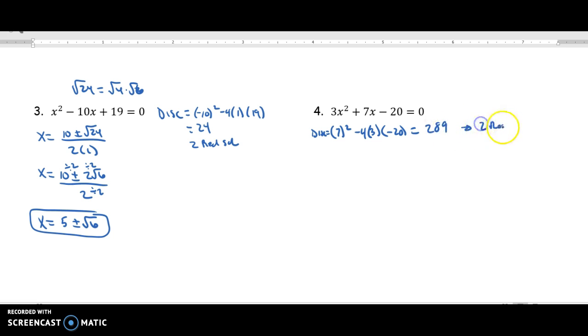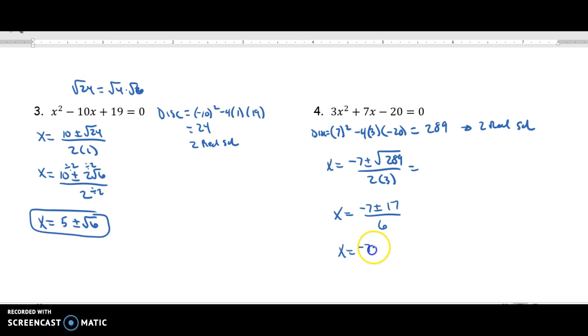That tells us we would get 2 real solutions, and that would be negative 7 plus or minus the square root of 289 all over 2 times 3. Now, you have to understand the square root of 289 is a perfect square, so this is going to be negative 7 plus or minus 17 all over 6.